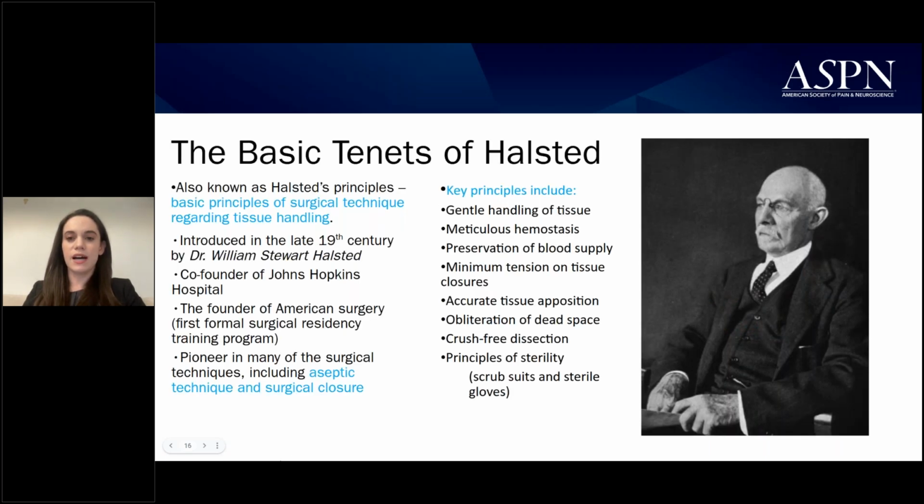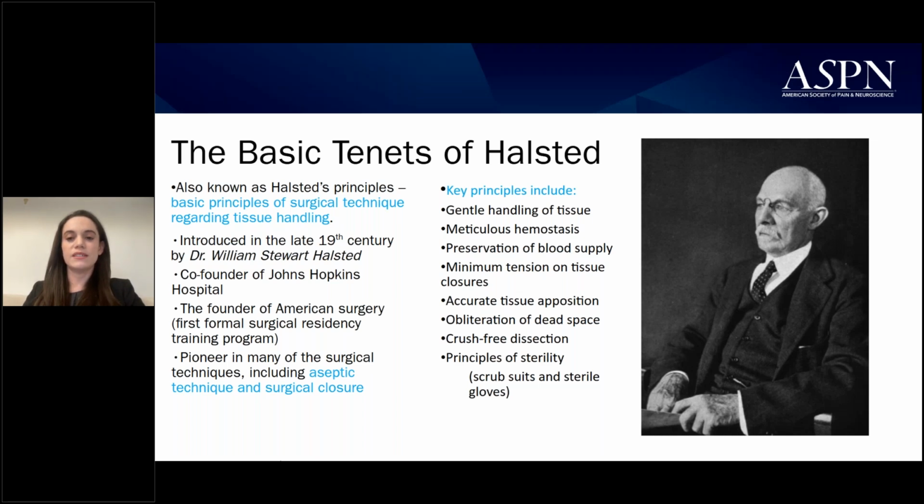So to speak about this topic, we need to start with the basic surgical tenets of Halsted. So who was Halsted? He was the co-founder of Johns Hopkins. He created the first formal surgical residency program in the United States, and he pioneered many of the surgical techniques that we use today.